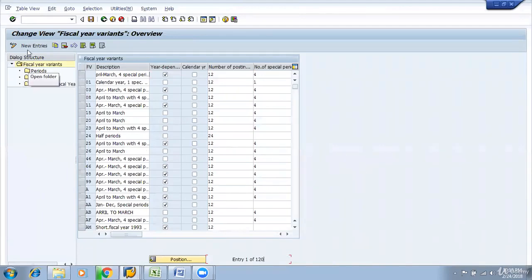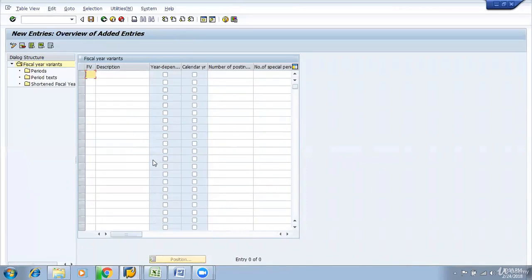Very simple, we go with new entries. Click on new entries, you'll see a blank screen, blank fields where you can enter anything you wish to. Now, FV stands for fiscal year variant, then description, year dependent, calendar year, number of posting periods, number of special periods. I shall cover each of them one by one.